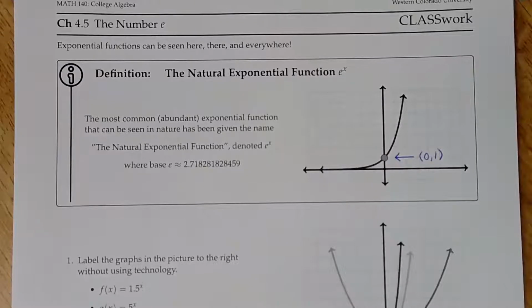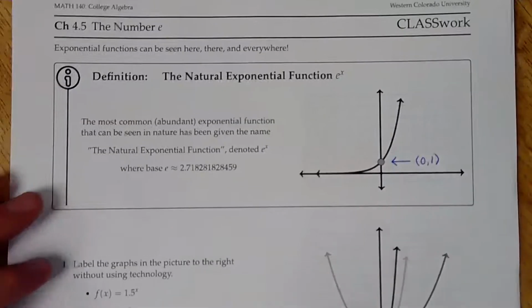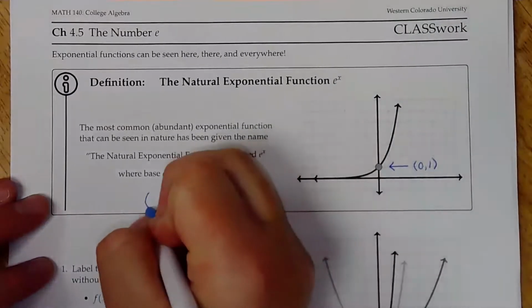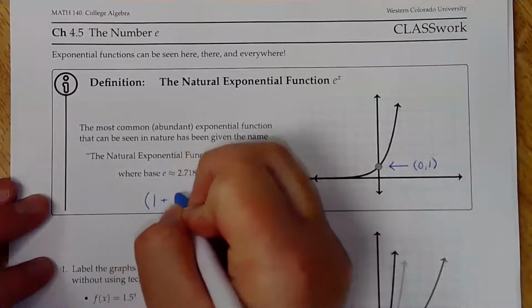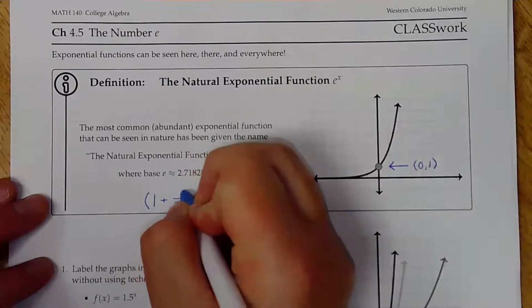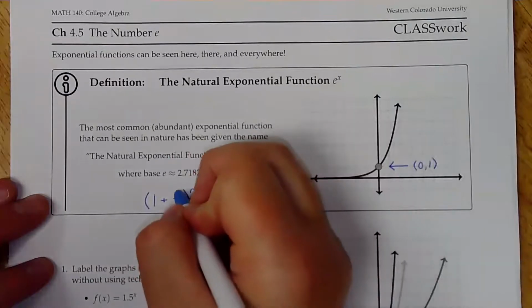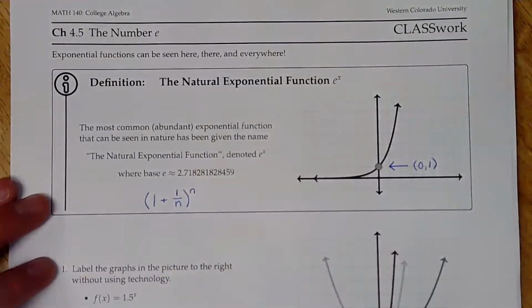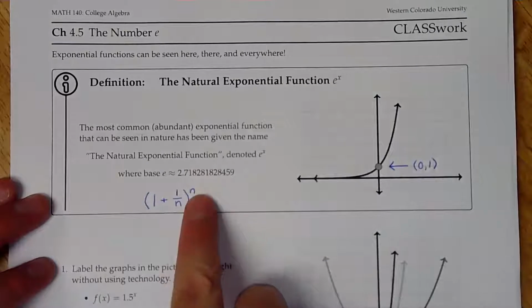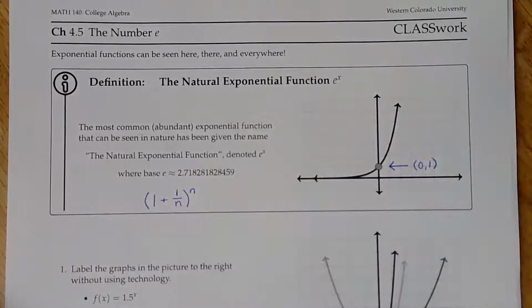Okay, and a side note about where this comes from: if you remember from the previous section when we were looking at compound interest, we had 1 plus r over n, to the n. N is the number of times we're compounding. So that could have been monthly, n would be 12. It could be daily, n would be 365.